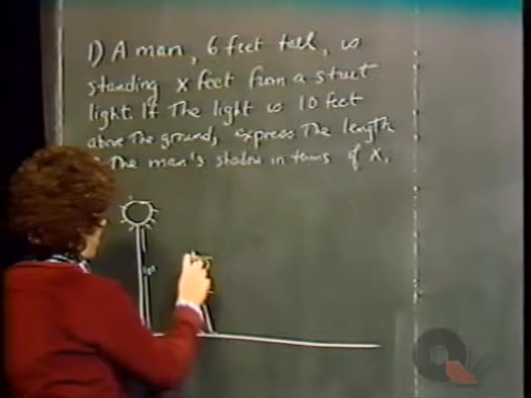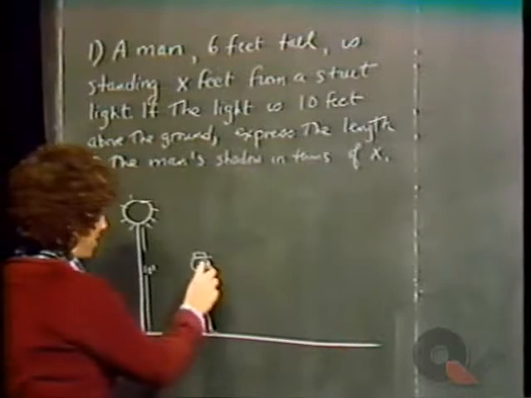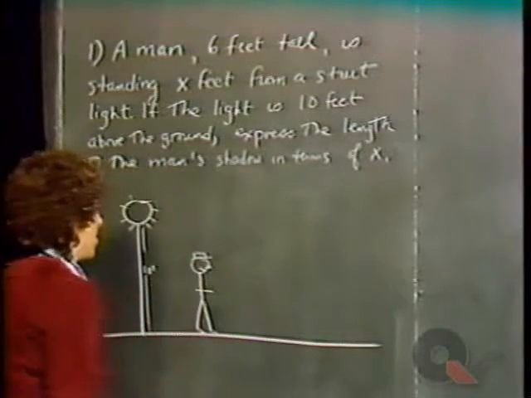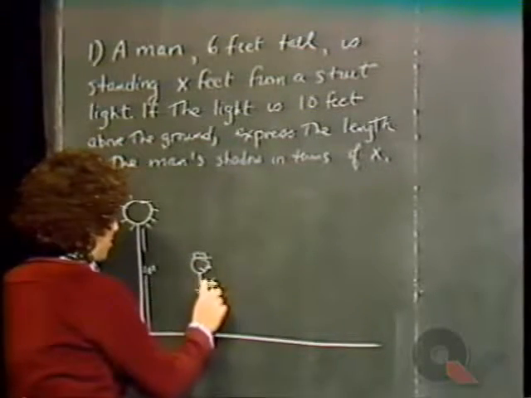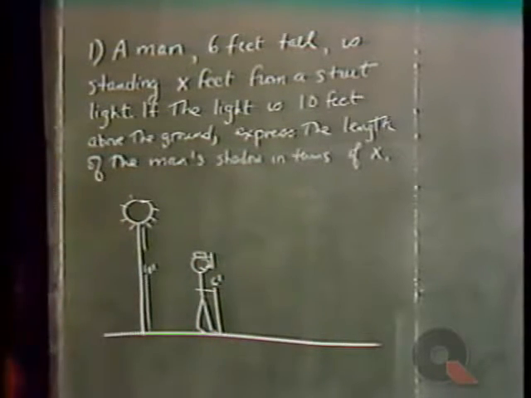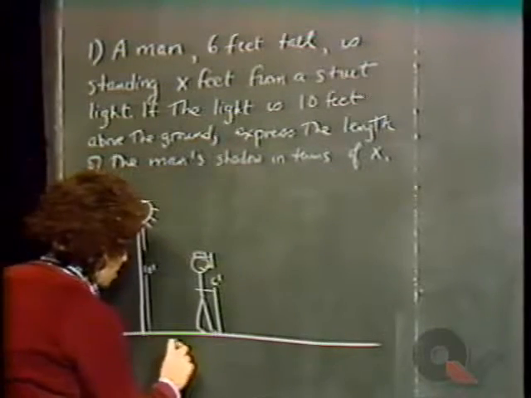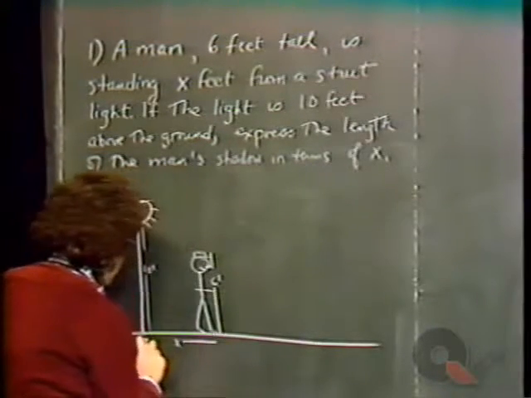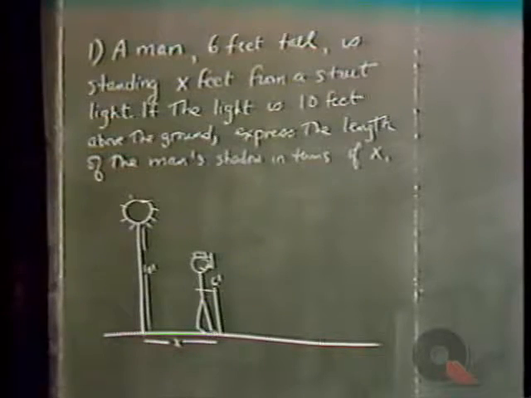Okay, except the man is wearing a hat. And he is 6 feet tall. He is standing X feet from a street light. So the distance from the man to the street light is X feet.